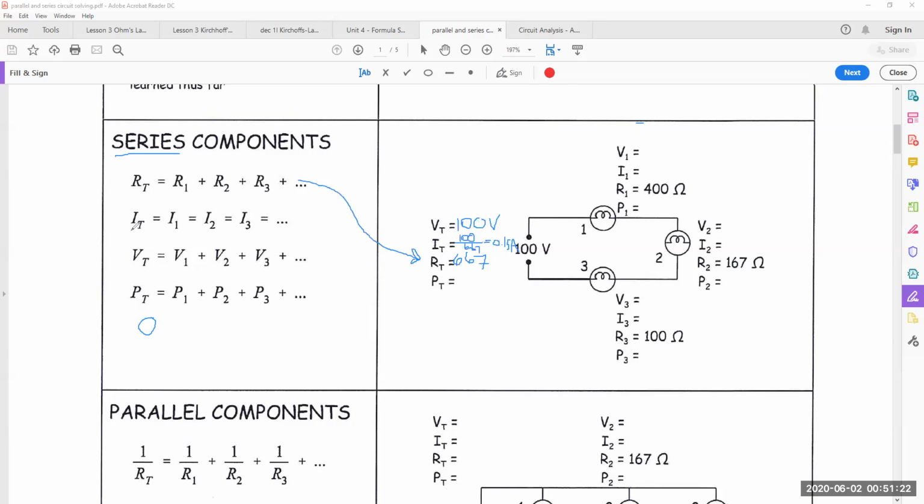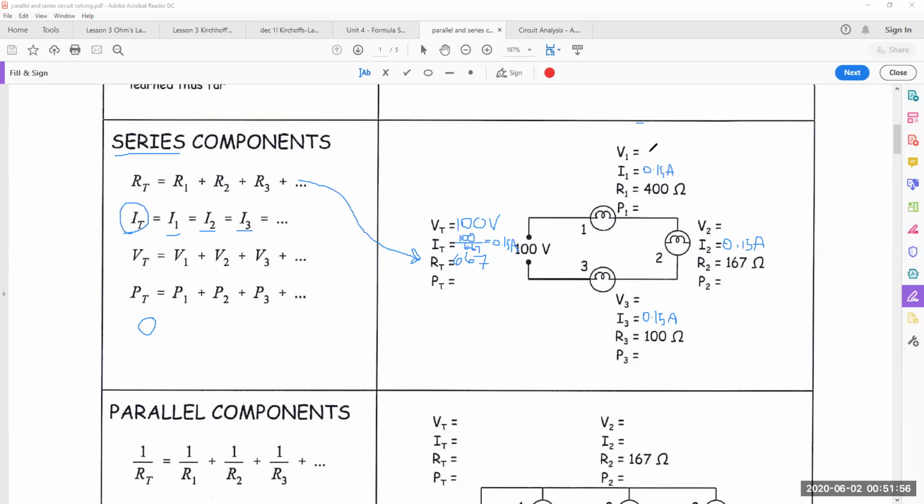Now, the second law says the current of the source is equal to the current everywhere. So I1 is going to be 0.15. I2 is going to be 0.15. And I3 is going to be 0.15. So now I have I everywhere.